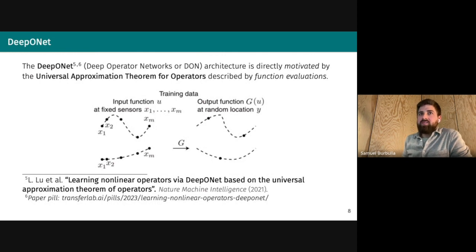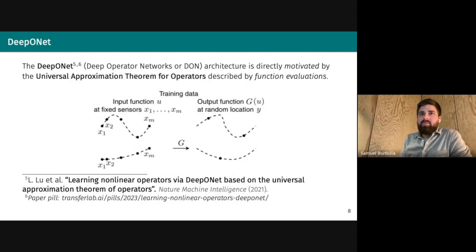And this theorem is described by function evaluation. So this is one of these ways you can represent a function. You probably know the universal approximation theorem for neural networks, which says if you have a two-layer multilayer perceptron and you have enough neurons, then you can get an arbitrary precision. And this is the same theorem, but for operators.